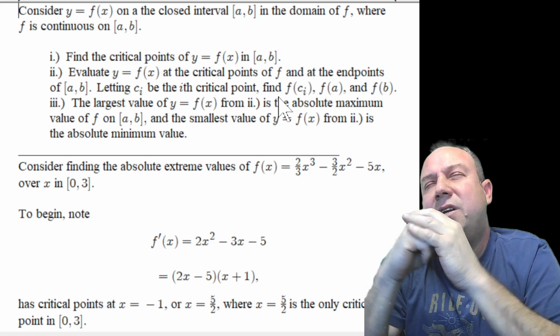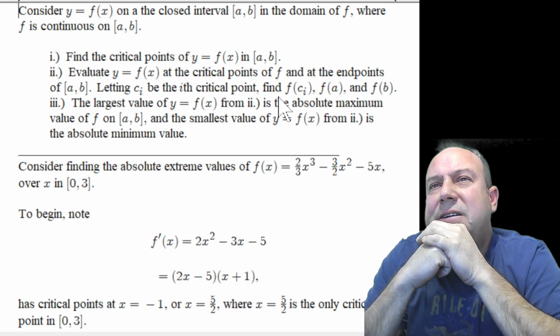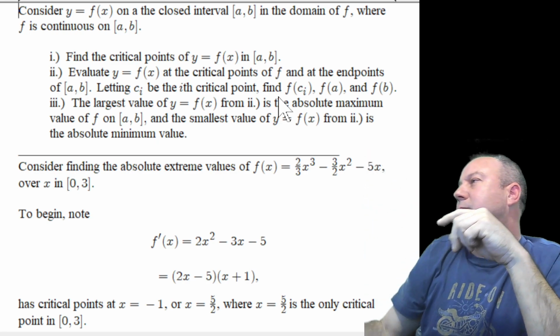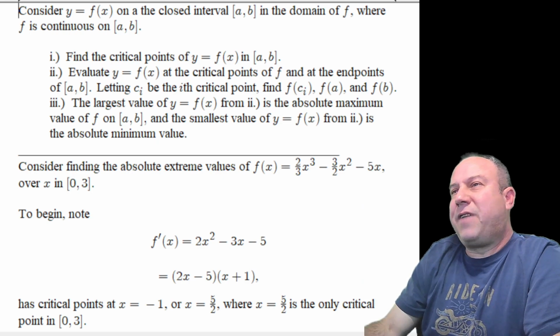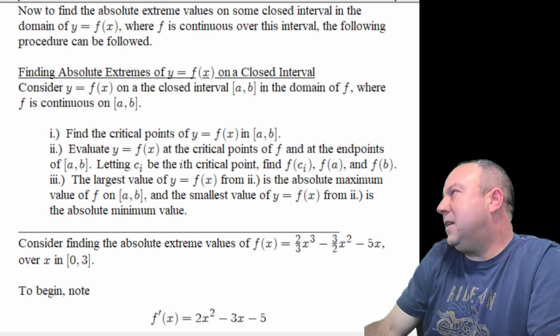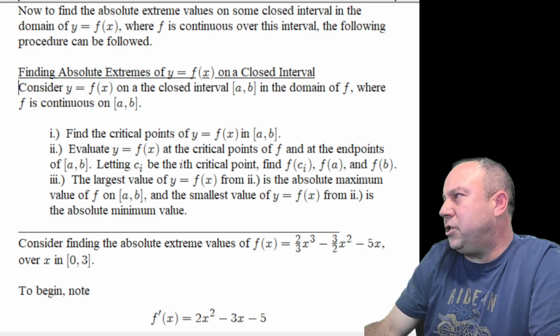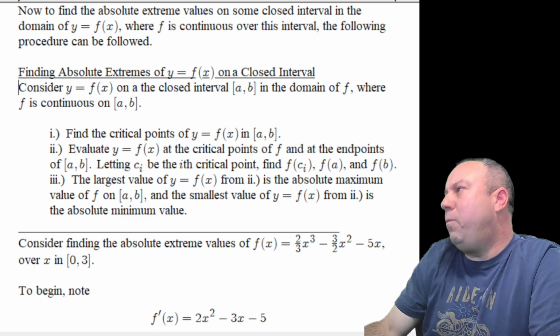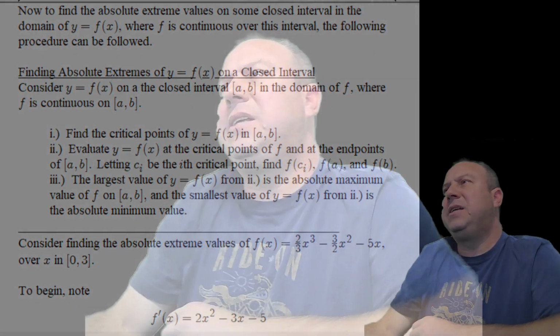When we're on a closed interval, they're guaranteed to exist, and we have this process of finding them, which we just looked at in this final example. Again, it's all an analysis of the range. You have to think about what is the range of my function on either this open interval or on this closed interval where I'm examining the output of my function. It's going to happen at the endpoints on a closed interval or at the critical point.